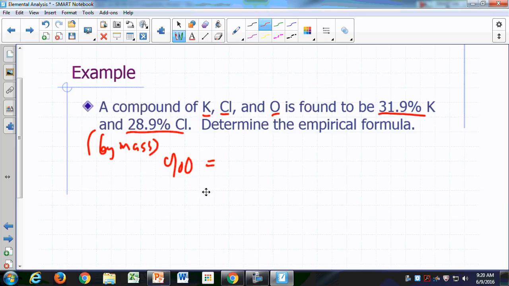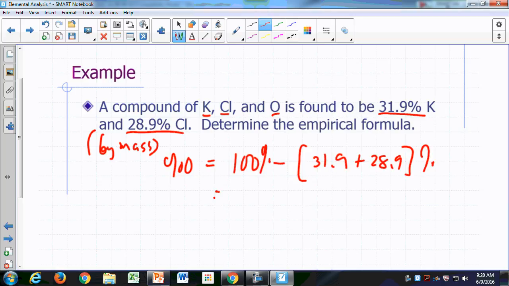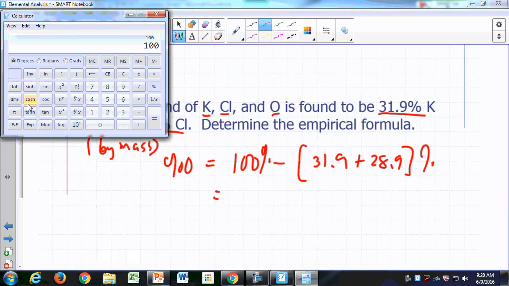All percentages should add up to 100%. So 100 minus 31.9 minus 28.9 is 39.2% oxygen.